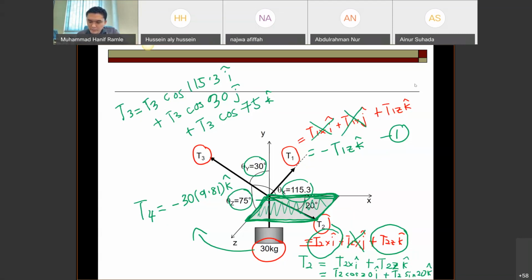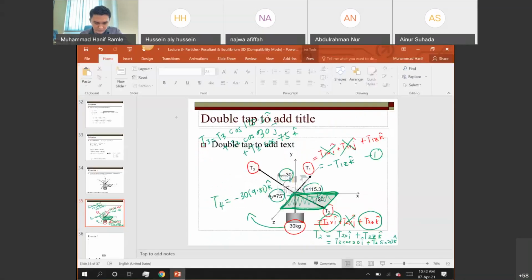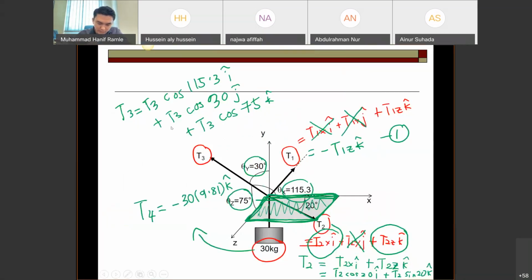If you look at this, which one is the y component? This is the y component.